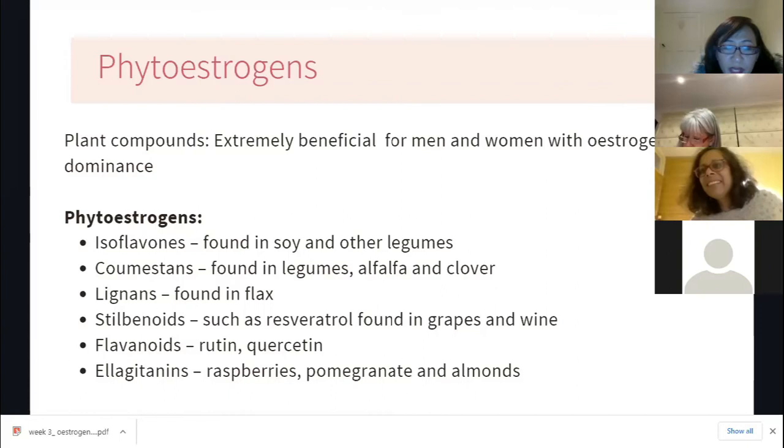And then we have ellagic acid, the ellagitannins, found in your raspberries, your pomegranates, and almonds. Ellagic acid in raspberry particularly is very effective against human papilloma virus, the HPV viruses.